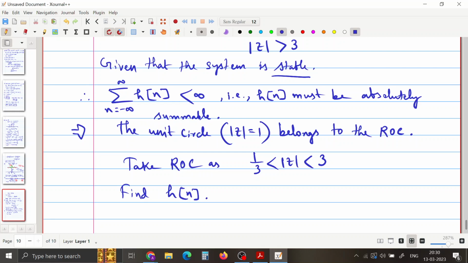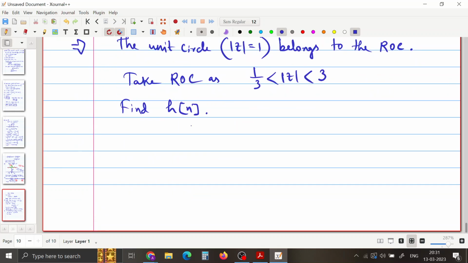So you will observe that this h of n will have two parts. One will be a causal part and another will be an anti-causal part. While discussing the inverse Z transform, you know that whenever we have functions of the form 1 by 1 minus a z inverse, if it's causal, with the ROC outside of a circle, it has an inverse Z transform of the form a power n u of n.